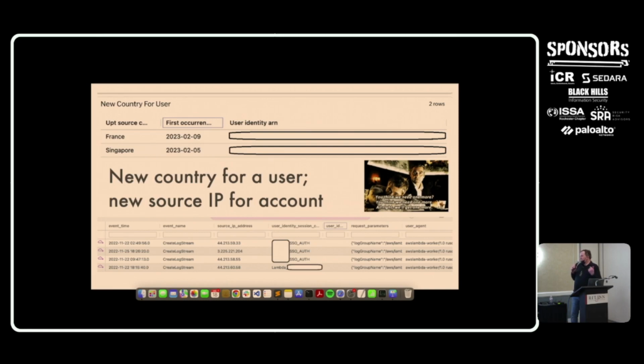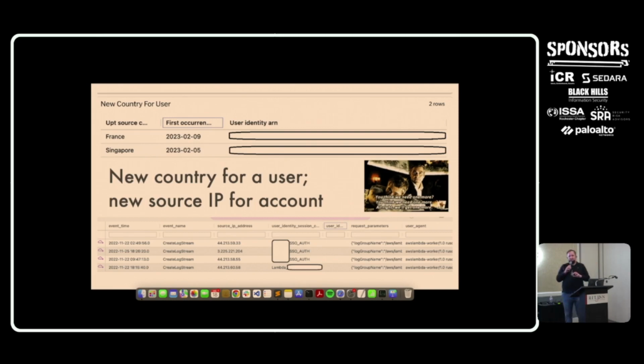A new source IP. So new country for a user, it has an example on the top where the first result is a user context authenticating in from France, which is just a new country that they had never come in from before. And the instance on the bottom is new source IP.